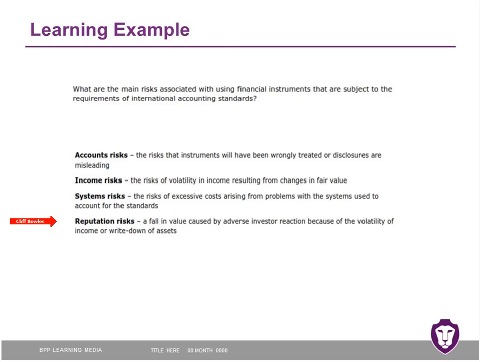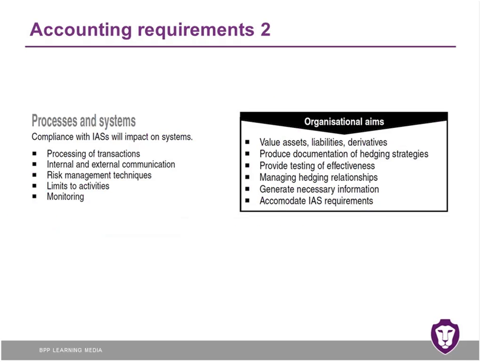So again, we just need to touch on those at this point. We don't need to go into them in too much detail. We're going to touch also next week and more in week 3 on the processes, systems and controls, so we'll come back and deal with those at that time.